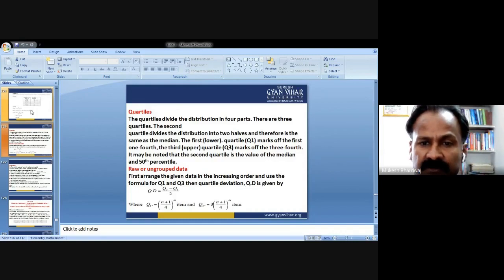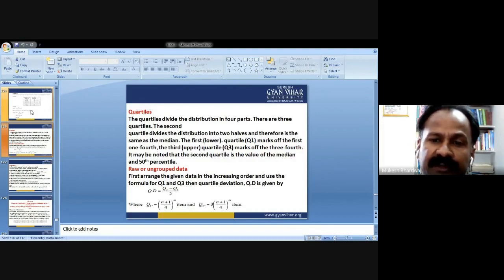The first, lower quartile Q1 marks off the first 1/4, and the third, upper quartile Q3 marks off the 3/4. It may be noted that the second quartile is the value of the median and the 50th percentile.